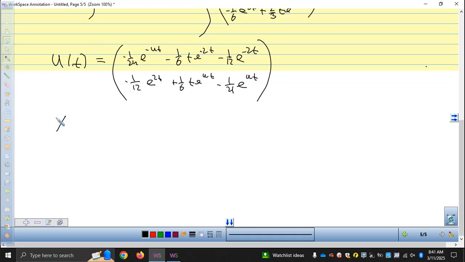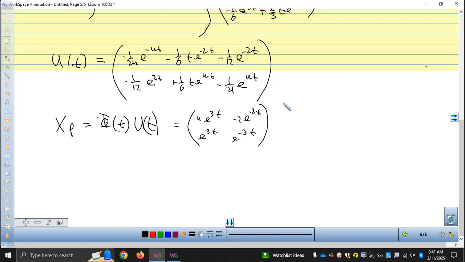So we get x of p is phi of t. Those are our original solutions to the homogeneous equation, times u of t. So that is the matrix for e to the 3t, negative 2 e to the minus 3t, e to the 3t, e to the negative 3t, that's phi of t, times this thing.